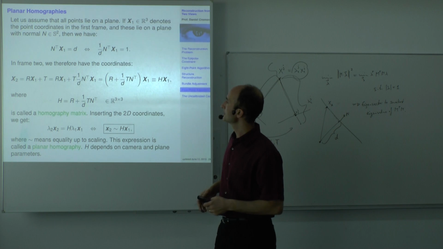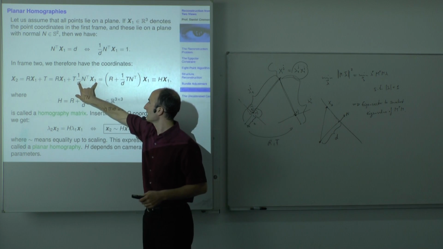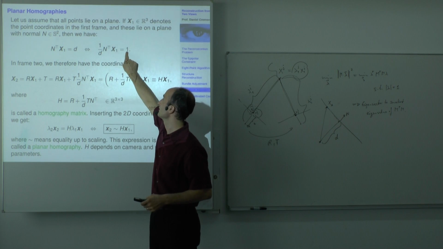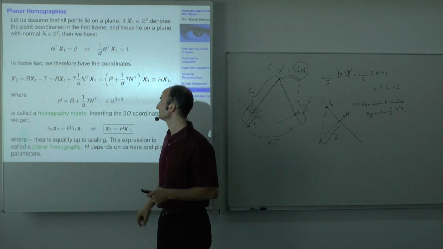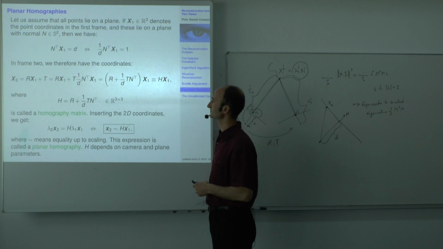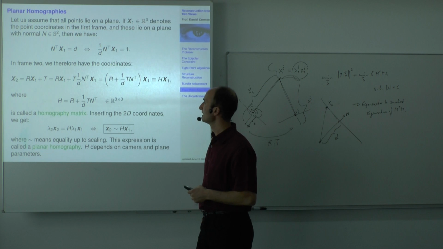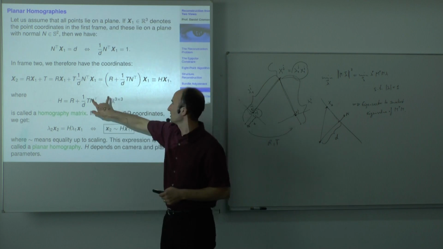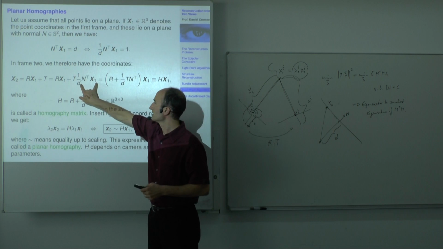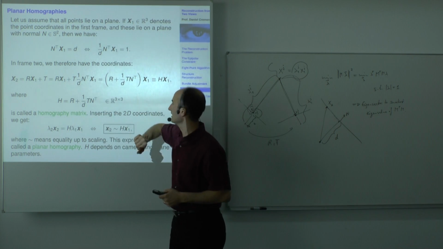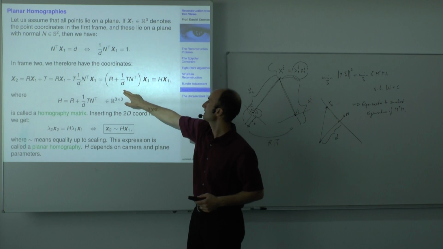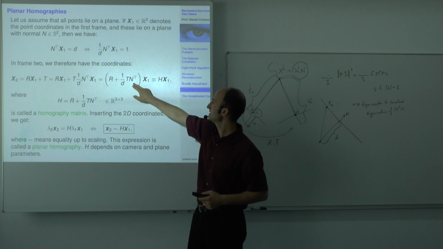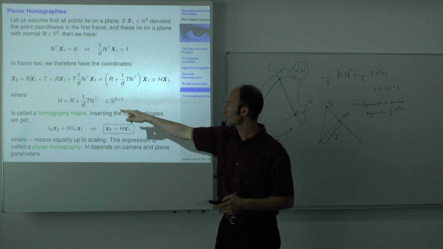Now here's a trick: I insert the 1 in here, because I know 1 over d n transpose x1 is 1. Then I can extract the vector x1, and I have a matrix, R plus 1 over d t n transpose, times x1 is x2.